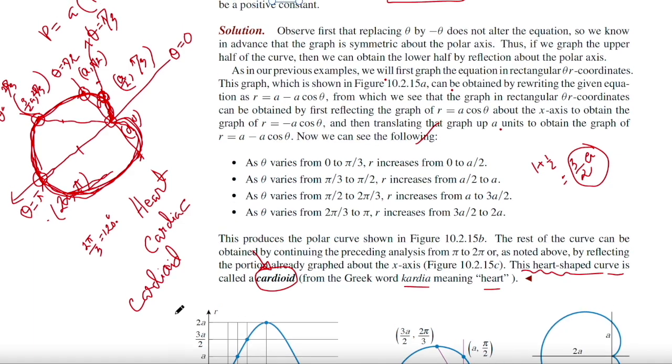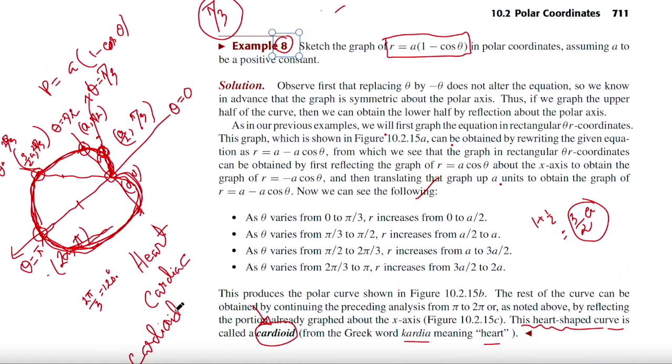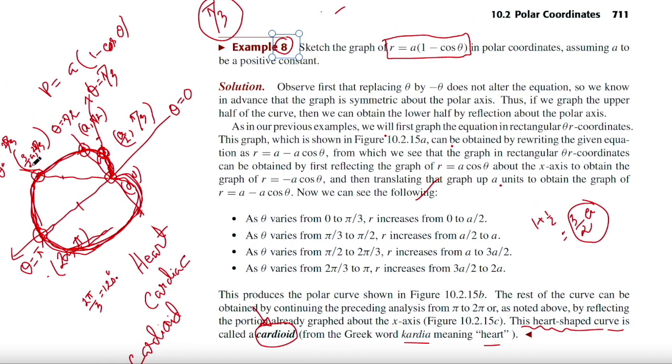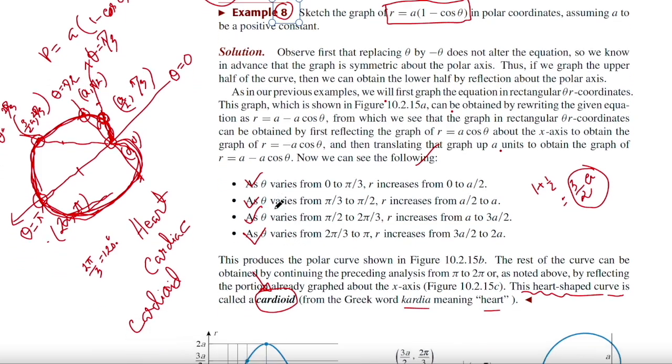Make sense? Yes, sir. And the points we have considered here, you can also check in this book. So the same points I have considered to sketch this one. You can first draw the upper half of the x-axis, then by applying the symmetry test you can draw the lower half.